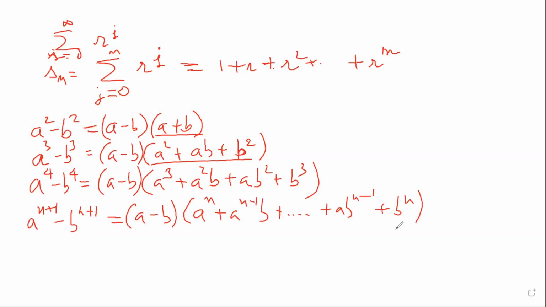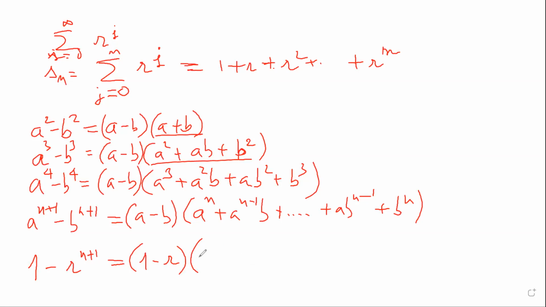Okay. Now, in particular, if you put A equal to 1 and B equal to r, then you get this. So A equal to 1, so all of this becomes 1, and then B equal to r, so you start with this.